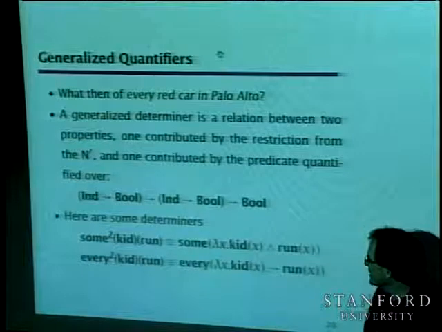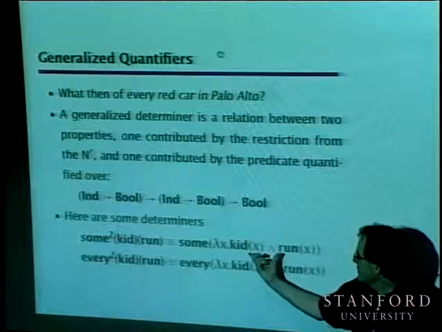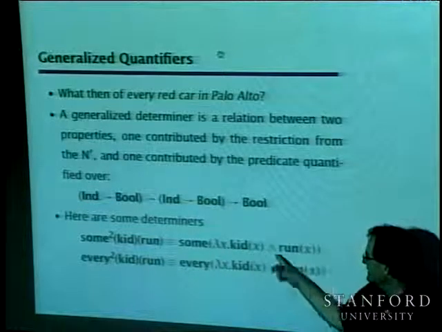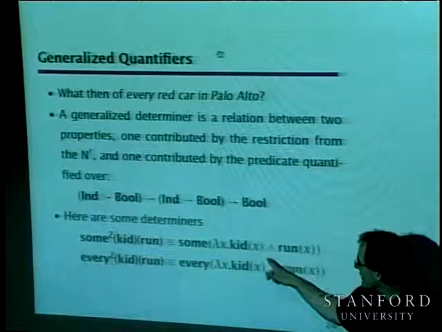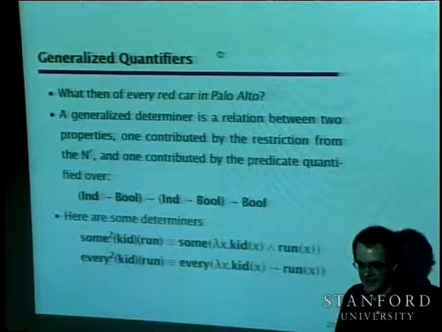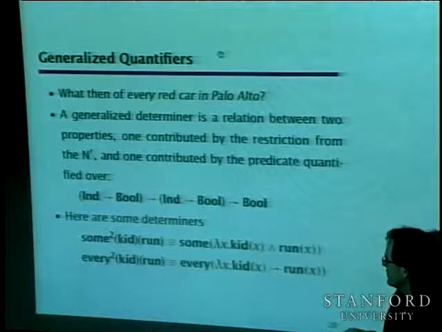Okay, and so I can have semantics for generalized determiners in terms of these, what I'll call generalized quantifiers, that take a single argument. So some kid will take some kid runs, you take the two properties as arguments, you can join them together, and then the some predicate says, is there at least one individual for which this property is true?